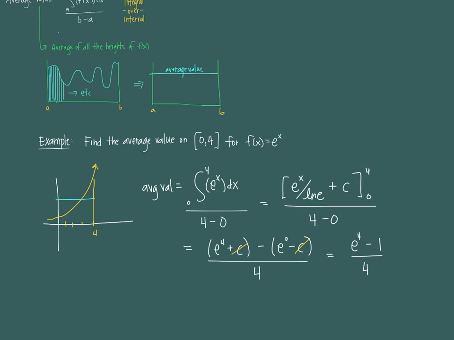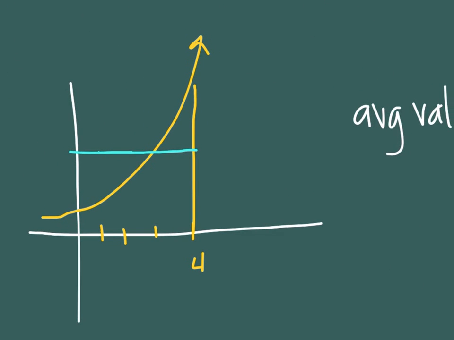That would be where you could draw a perfectly horizontal line, and so this is happening at e to the 4th minus 1 over 4. That value right there with a base of 4 creates a perfect rectangle that has area exactly equal to the area under the yellow curve.